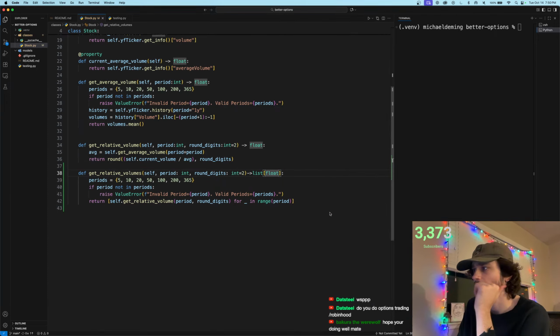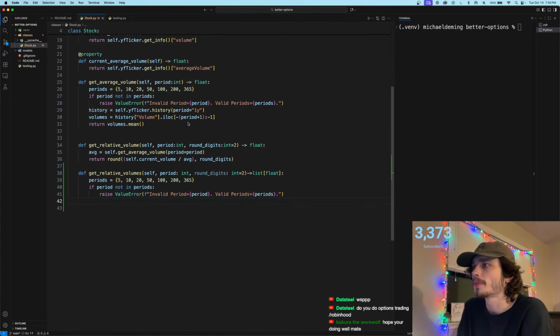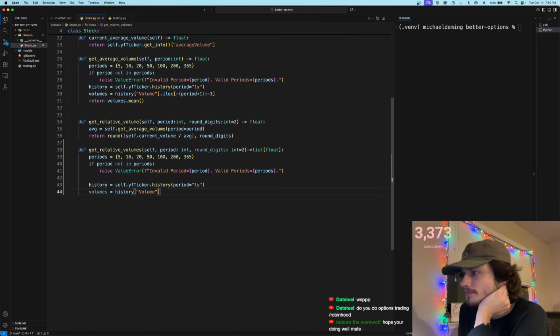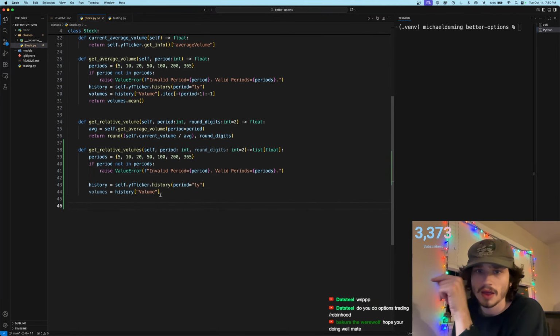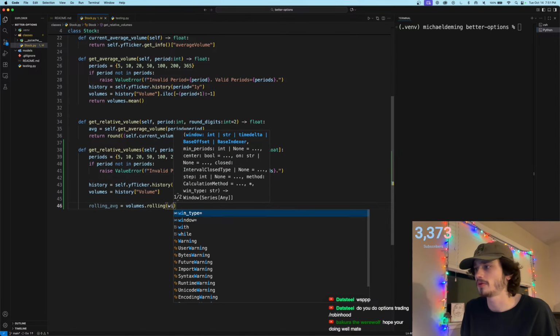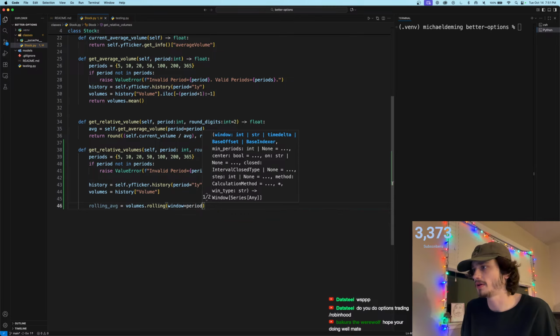That's interesting. So what we can do is say this part here, the history period, and then we'll get the volume. And then what we'll say is the rolling average is equal to volumes dot rolling over the window equal to the period.